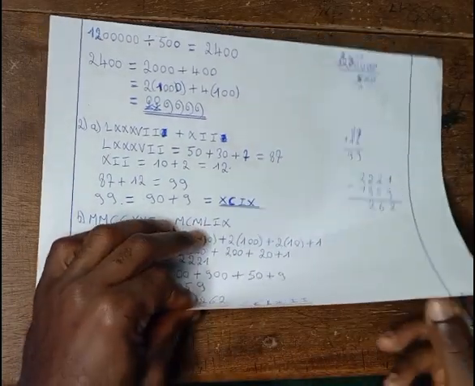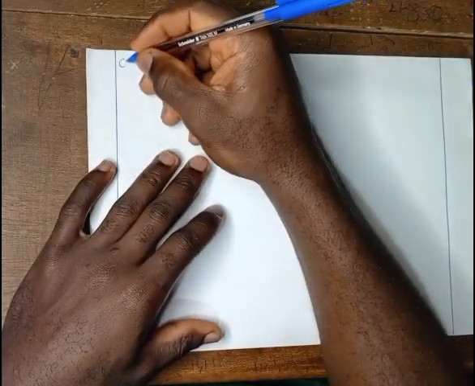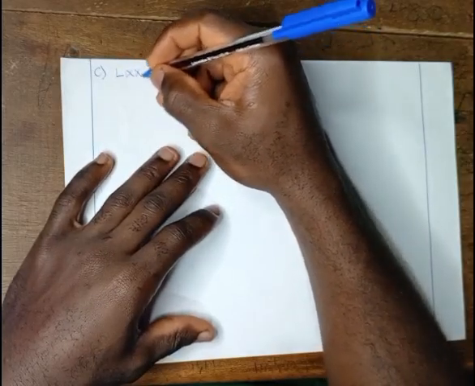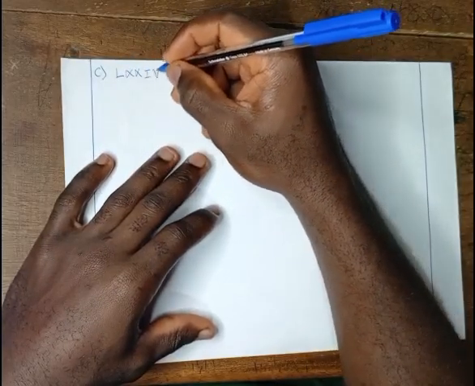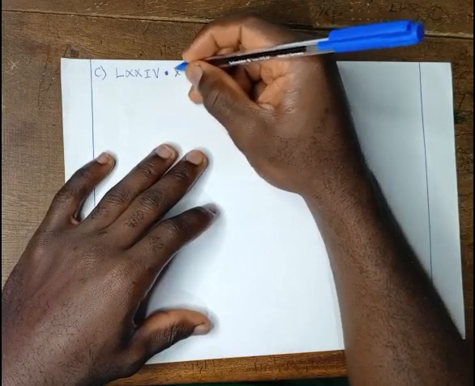Next, we move to the next question, question C. For question C, we have LXXIV times XV.